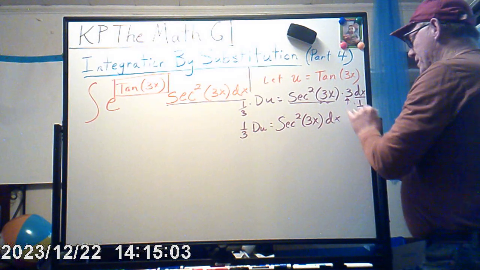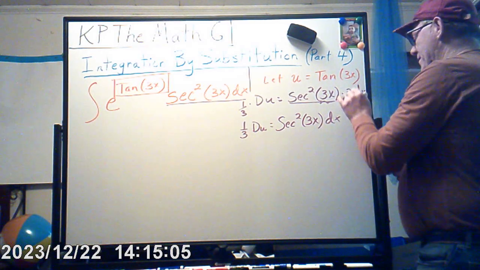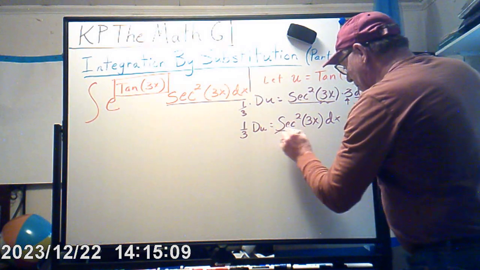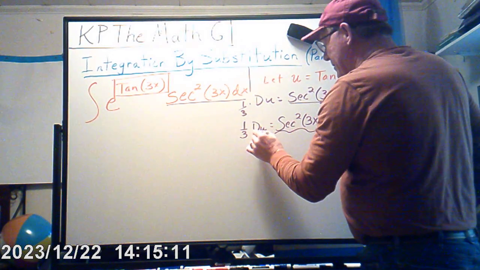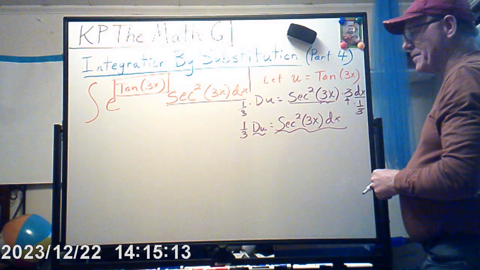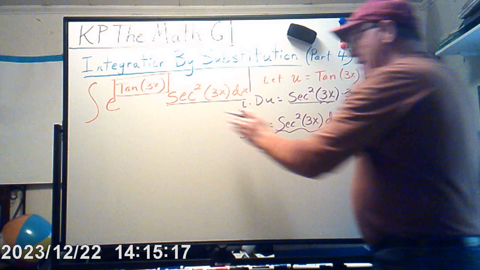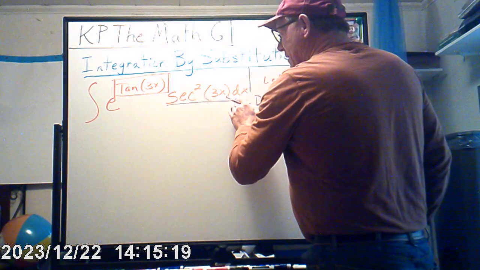Now the 1/3 multiplying that gets rid of that 3 here, and that is what I want. So 1/3 du is equal to all this. That's what I have here, isn't it?